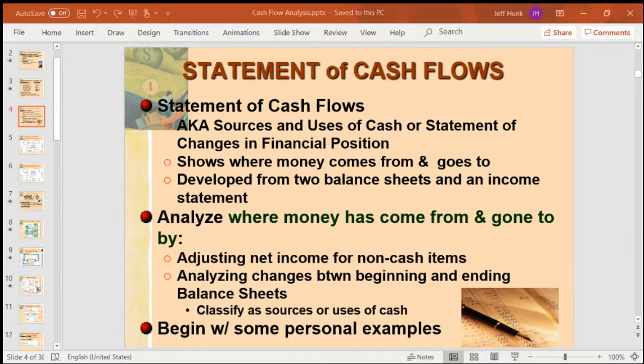Again, also in the previous lectures, when we did the balance sheet and income statement, there was what they call horizontal analysis and vertical analysis.